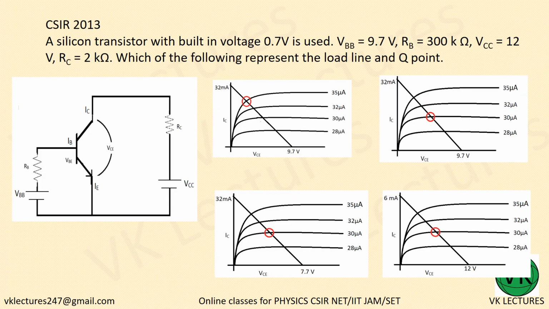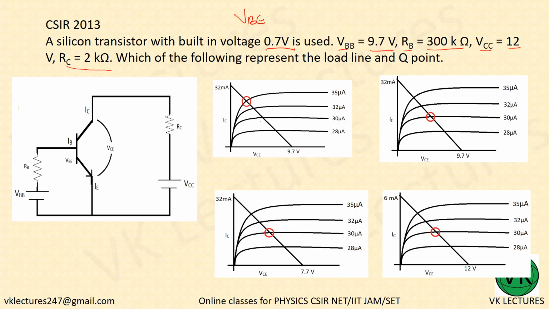Silicon transistor. Why silicon is given is to make you understand this voltage has about 0.7, that is built-in voltage. VBE is 0.7, VBB is 9.7, RB is 300 kilo ohm, VCC is 12 volt, RC is equal to 2K.